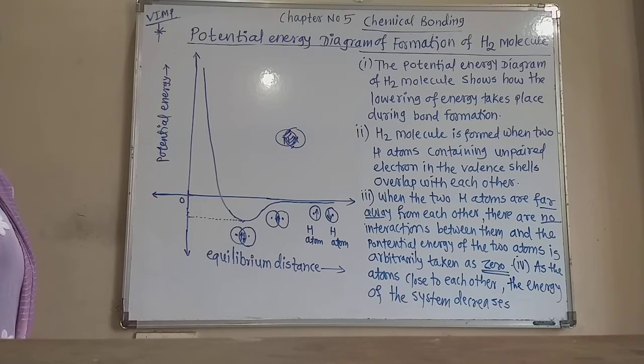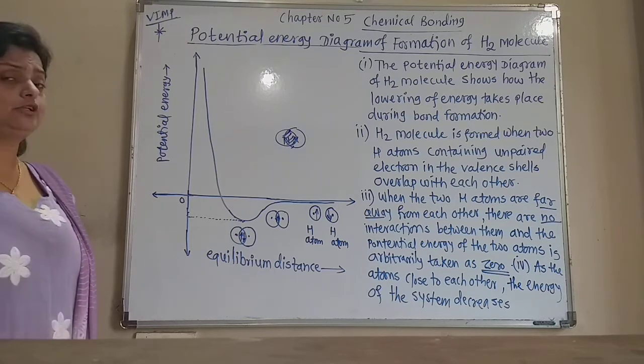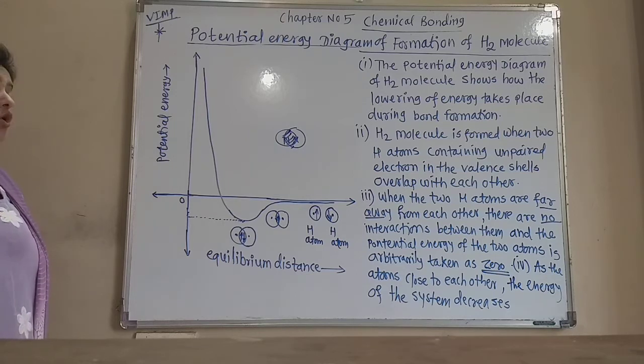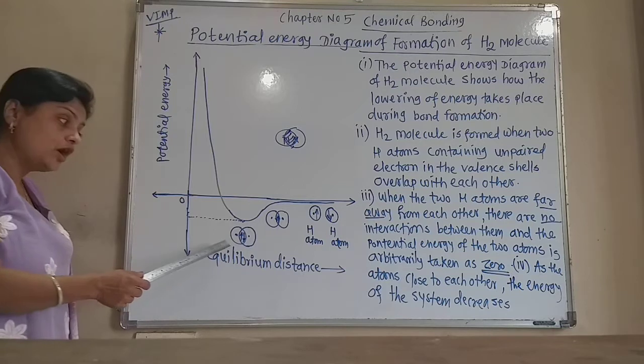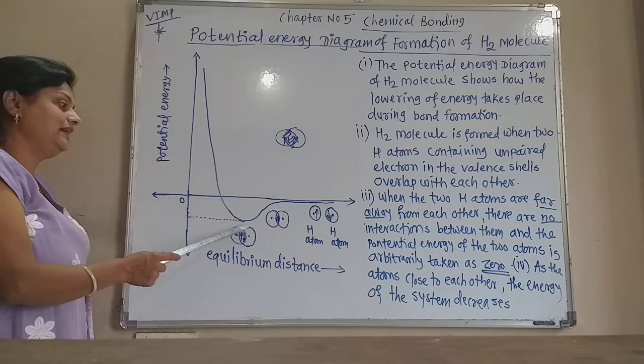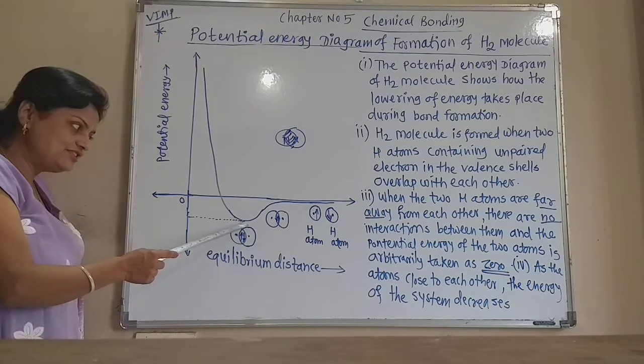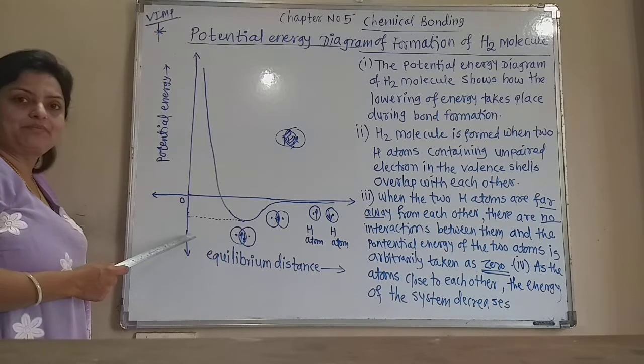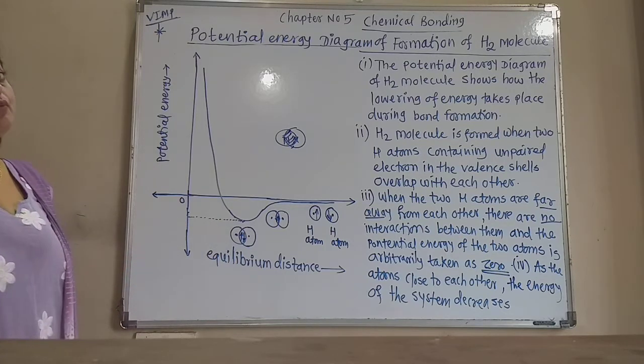When no attractive or repulsive forces are working, there is no interaction, and their potential energy is arbitrarily taken as zero. But as the atoms come close to each other, the energy of the system decreases and decreases. And if they come sufficiently close, as the bond forms between the two atoms, the energy decreases again to a certain limit, and that is the bond formation energy, and that is negative energy, because energy is released during bond formation.